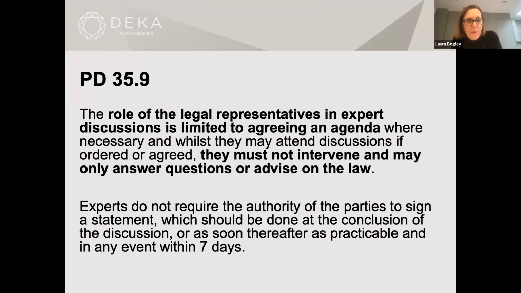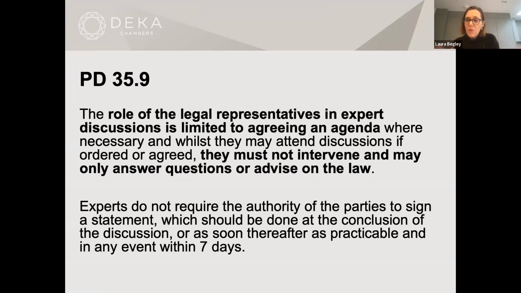And you've got the practice direction 35.9. The role of the legal representatives in expert discussions is limited to agreeing the agenda. They must not intervene and may only ask questions or advise on the law. So the point is, once you've sent the instructions to the experts to do the joint reports, it's hands off from your perspective. They've got to get on with it.